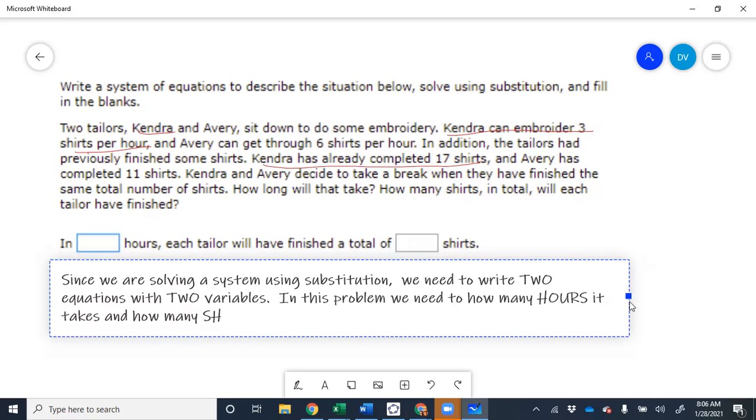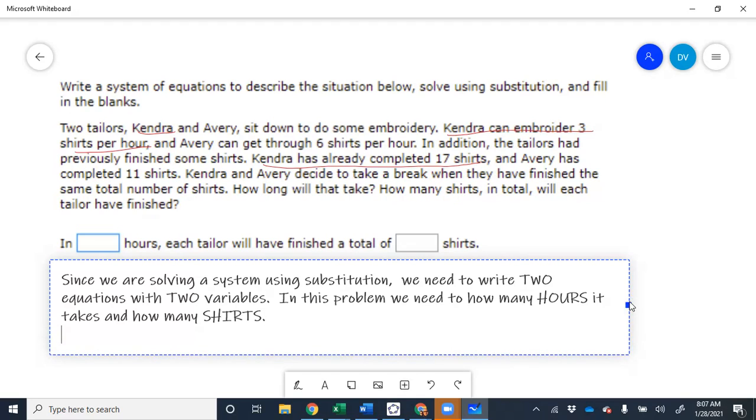I'm capitalizing shirts and hours because those are the 2 things we don't know. The technical name for that is unknown, but we're just going to use the word variables. We're going to use a letter for hours, and I think we should use H, and a different letter for shirts. Probably want to use S.